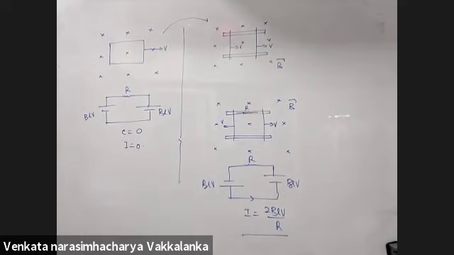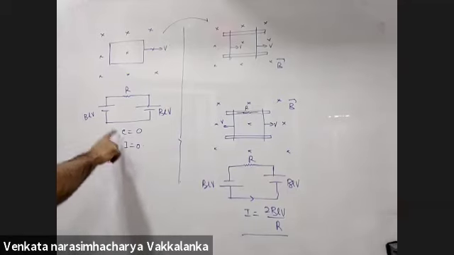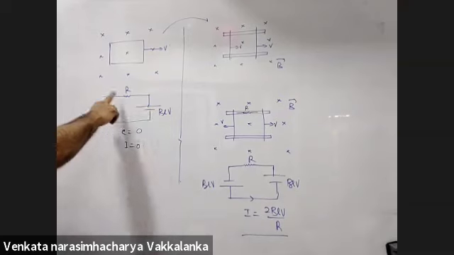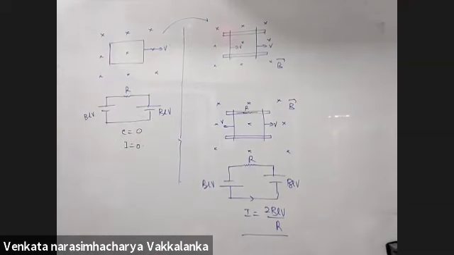In the left diagram, the lower one will be R, right? The lower wire should also have an R. All are in series. All resistances put together, I put a resistance R. Okay, sir.